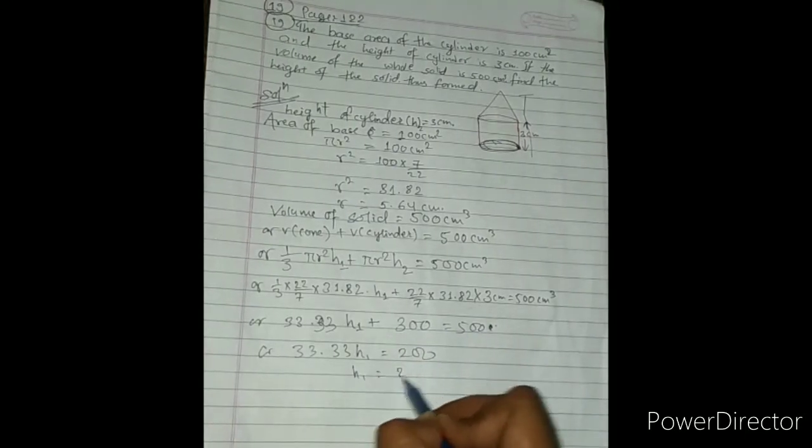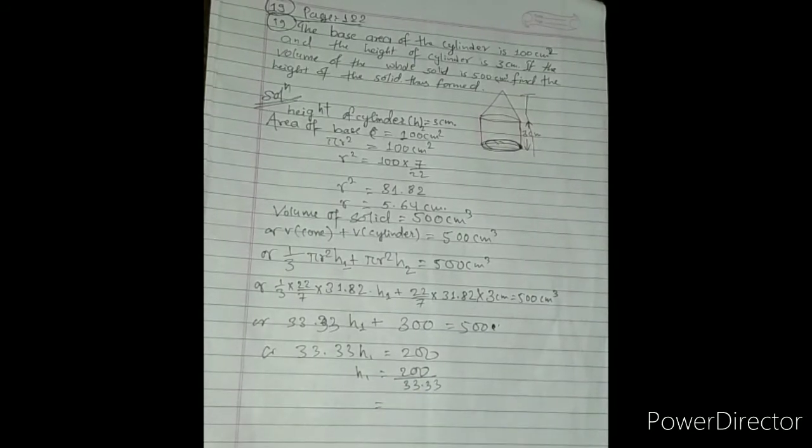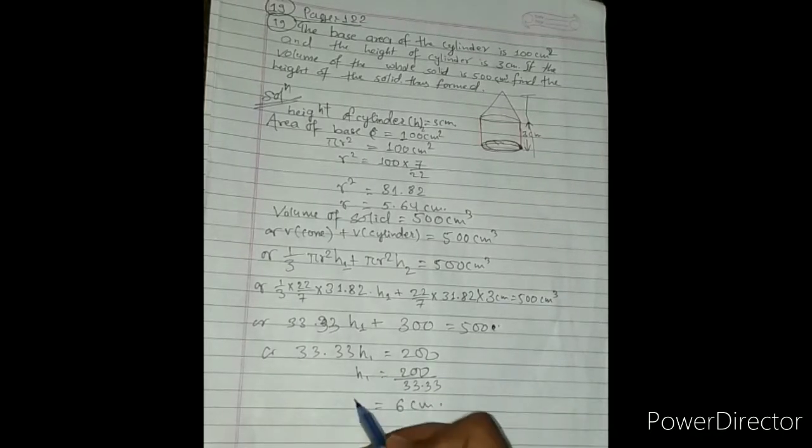So h1 equals 200 divided by 33.33, so we get 6.000 something, so 6 centimeter only we can write.